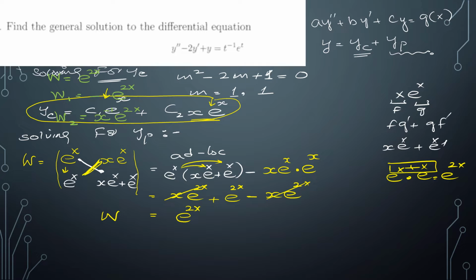Now after that, let's try to find W1. So for W1, what do we do? The first column will be replaced: in the first column, first row, that is 0. And in the first column, second row, we will write down this g of x, that is e to the power negative t times e to the power 2t.